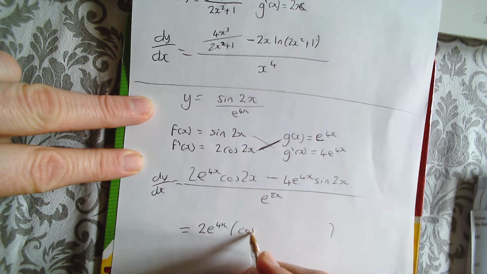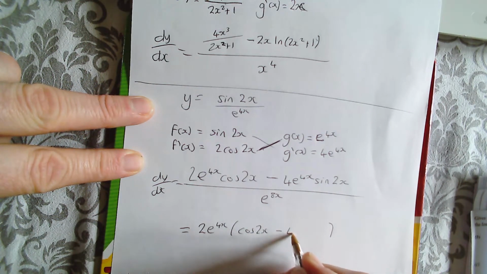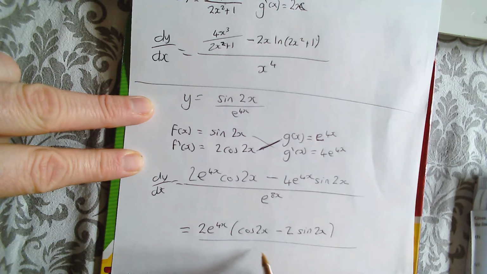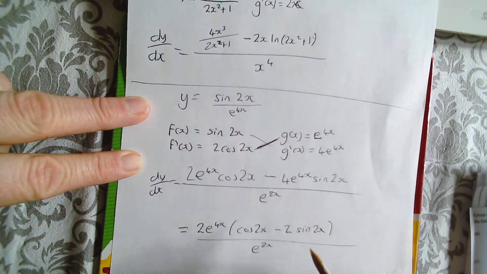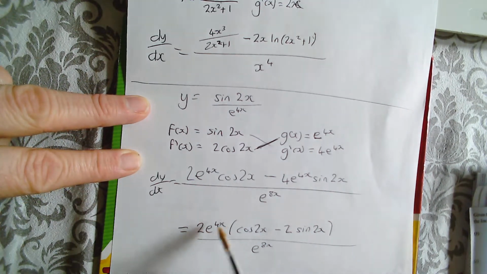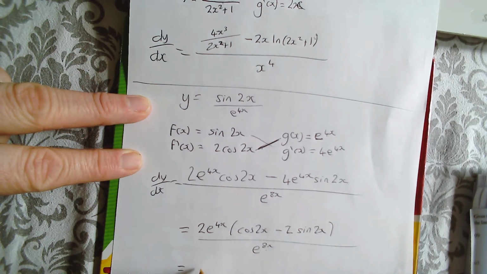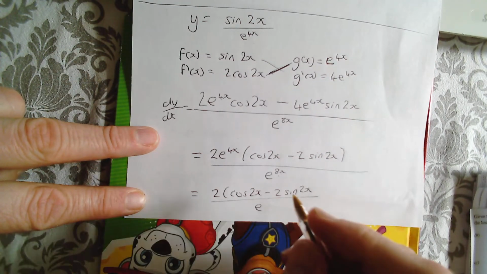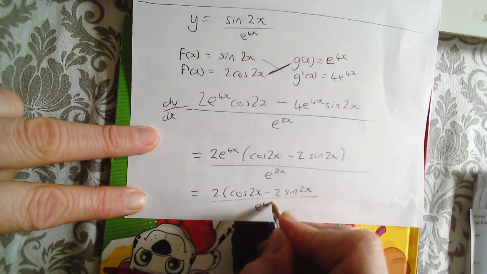I have cos 2x minus 2 sine 2x all over e to the 8x. Well, that's quite useful because I can cancel this even further, which might be nice: cos 2x minus 2 sine 2x all over e to the 4x.